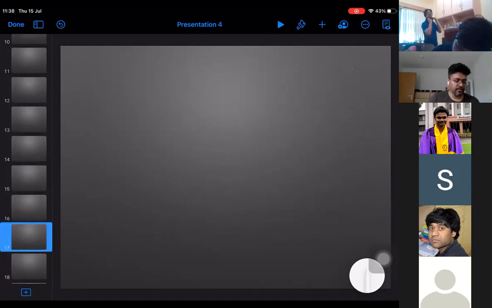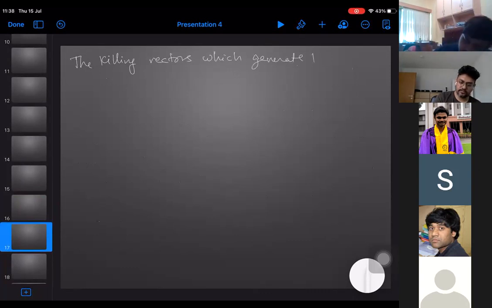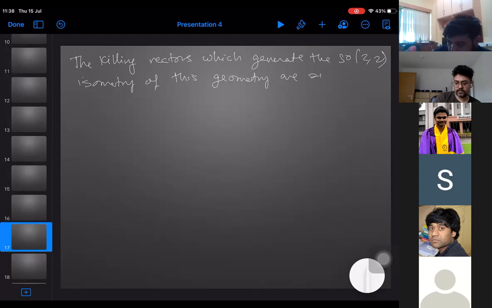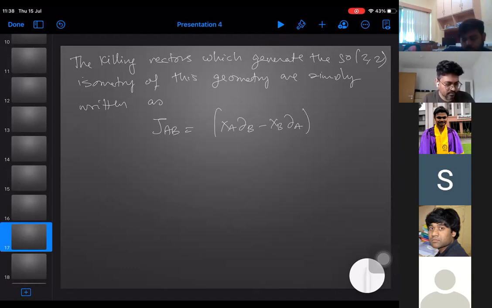Okay, moving forward. So the Killing vectors which generate, for example, the SO(2,2) isometry of this geometry are simply written basically by using the 4-dimensional embedding space.